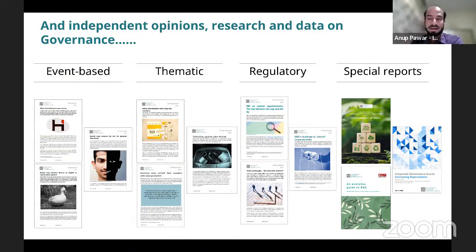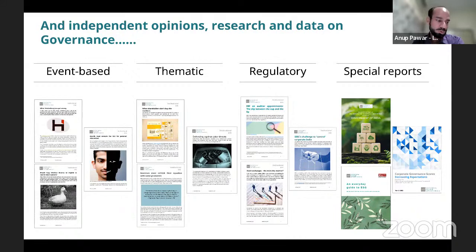And apart from that, one of our roles is as a proxy advisor, but we take pride in saying that our role is not simply as a proxy advisor, but trying to improve governance practices across the board and trying to bridge that gap between investors and companies when it comes to disclosures, or how to disclose, what to disclose, how much to disclose.